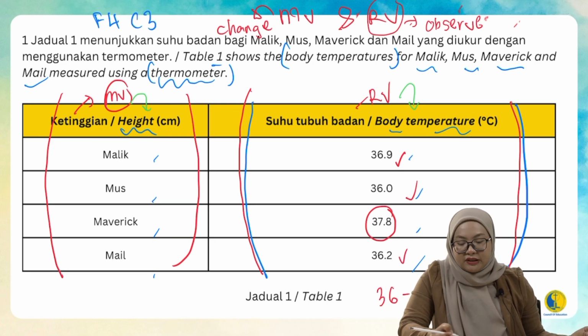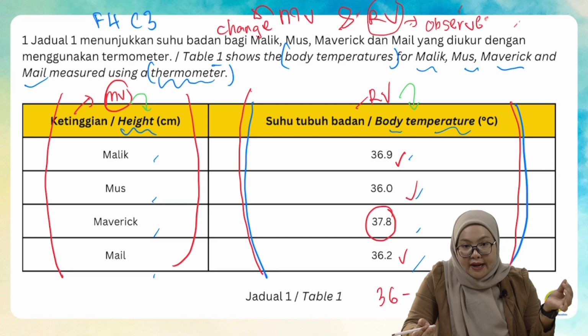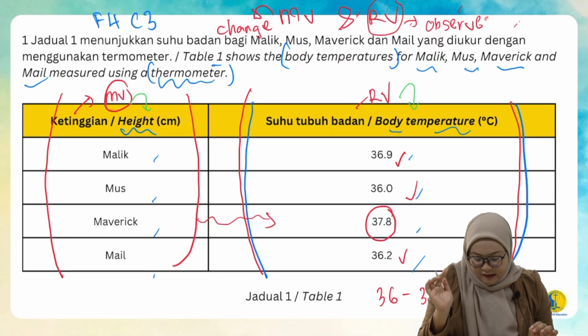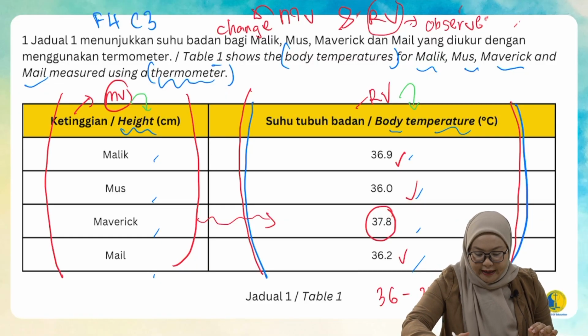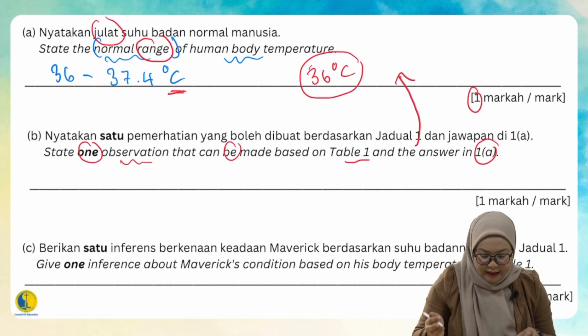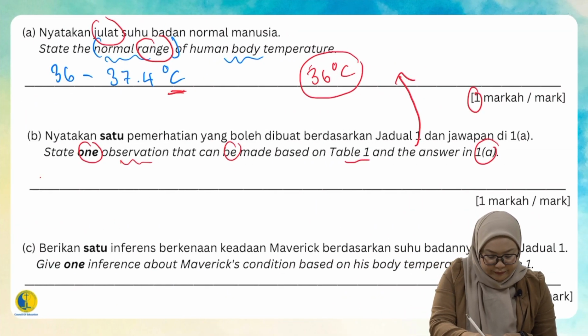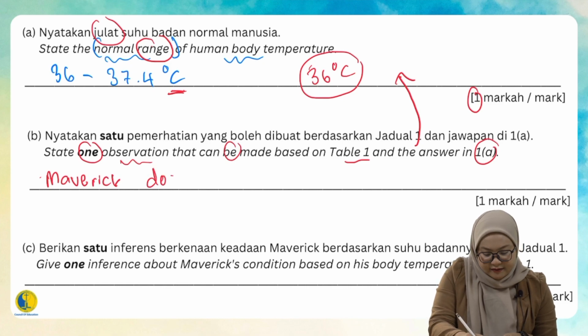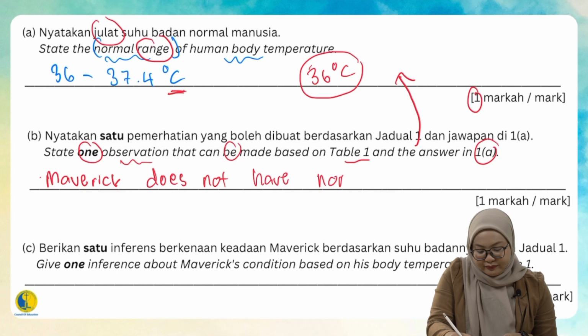Okay. 36.2, still normal. So who is the one that is not normal? Maverick. Okay, this Maverick, 37.8. Now you can answer already. Maverick does not have a normal temperature.